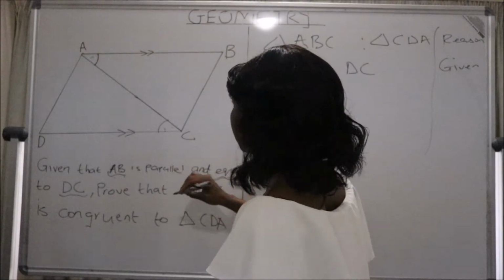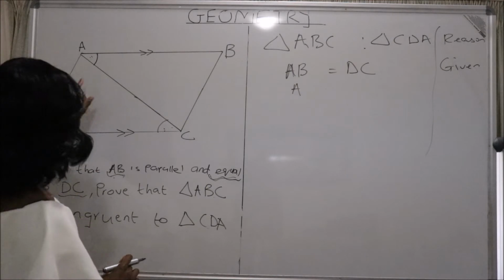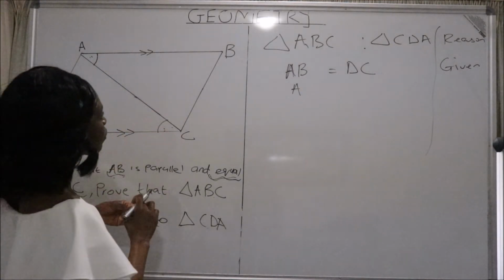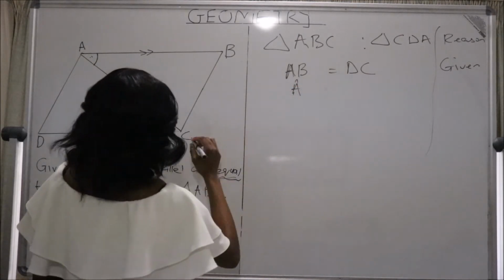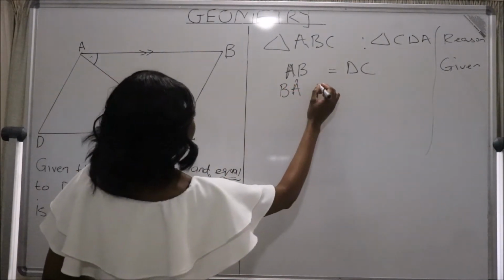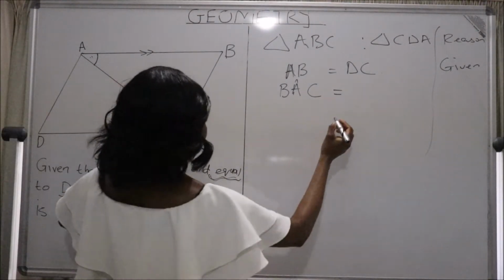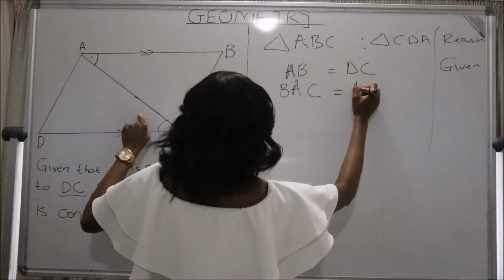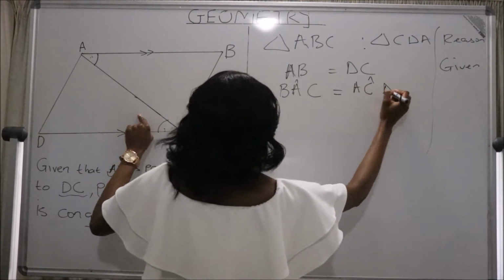Then we'll say the angle of A in triangle ABC, so we must have the angle inside, right guys? It will be B, and the angle of A and C is equal to the angle of A in triangle CDA.